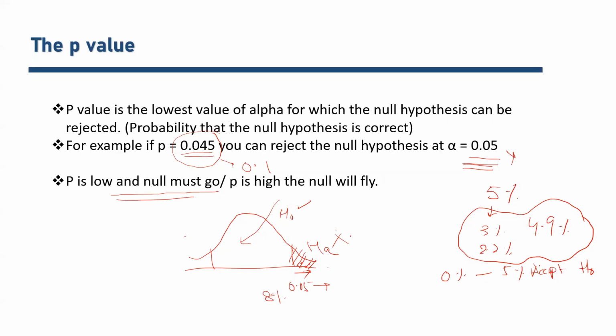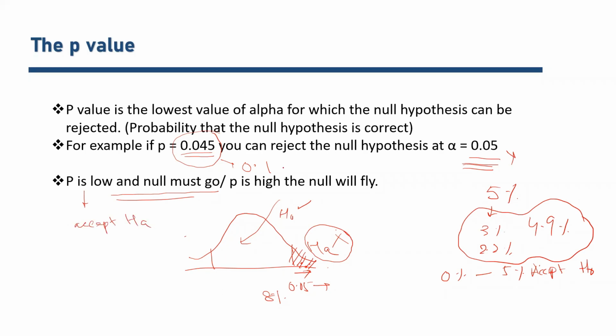So if the null goes, what will come into the picture? HA will come into the picture, so we are accepting the alternate hypothesis. Yes. So if your P is low, accept the alternate hypothesis.